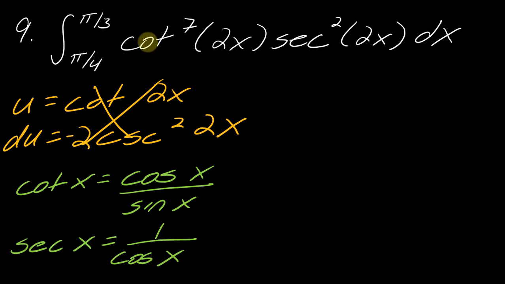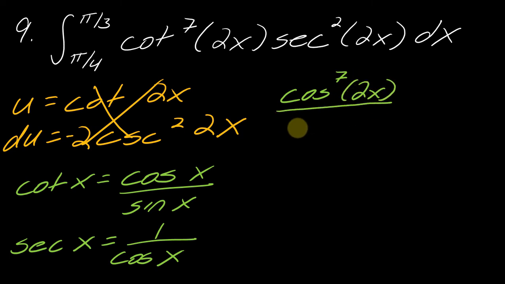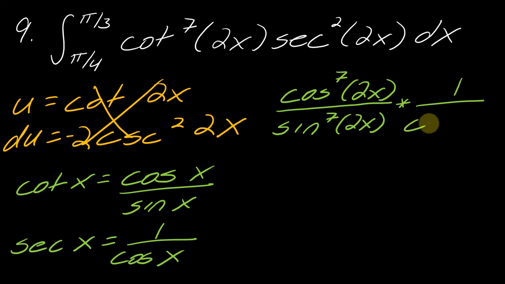So if I think about this problem in this context, what I really have here is cosine to the 7th power of 2x over sine to the 7th power of 2x times 1 over cosine squared 2x.